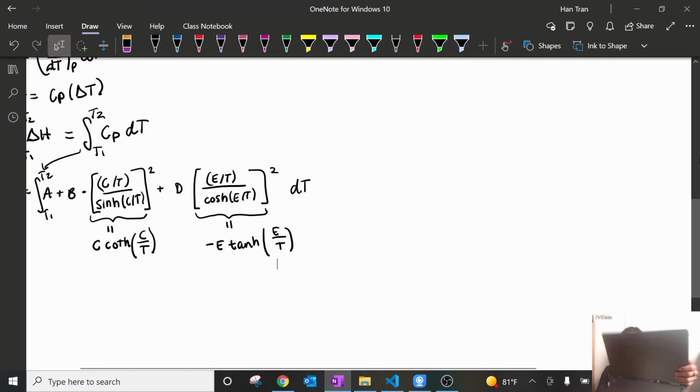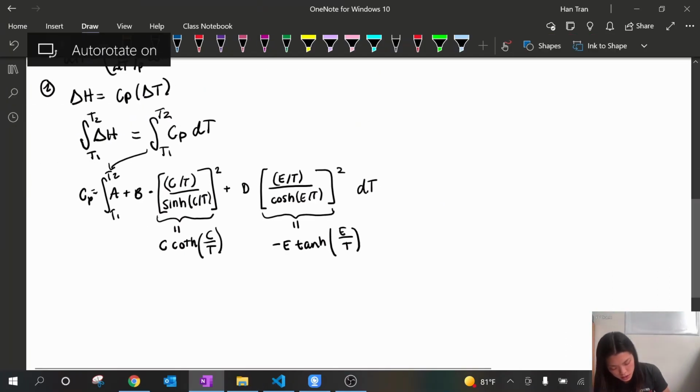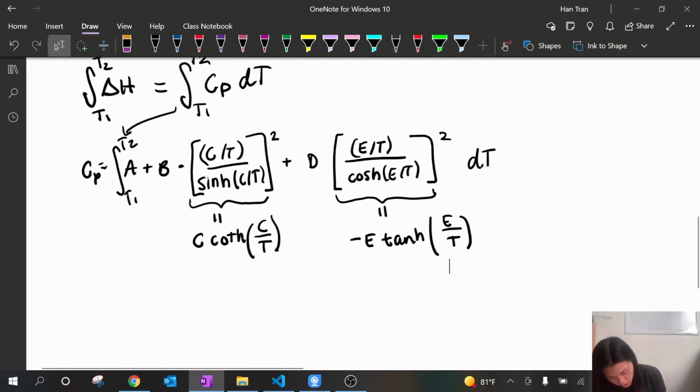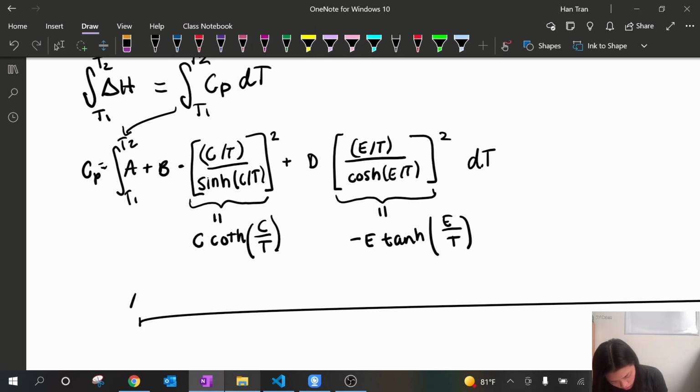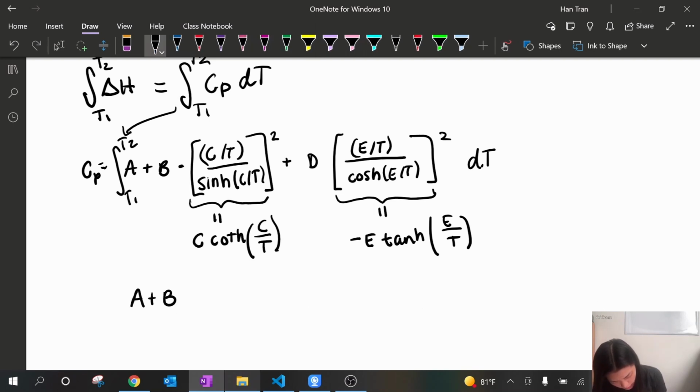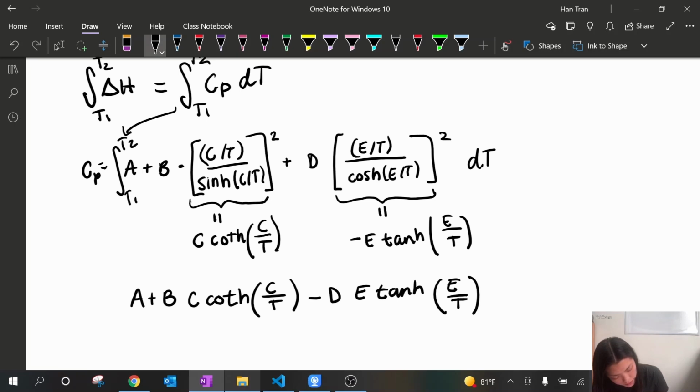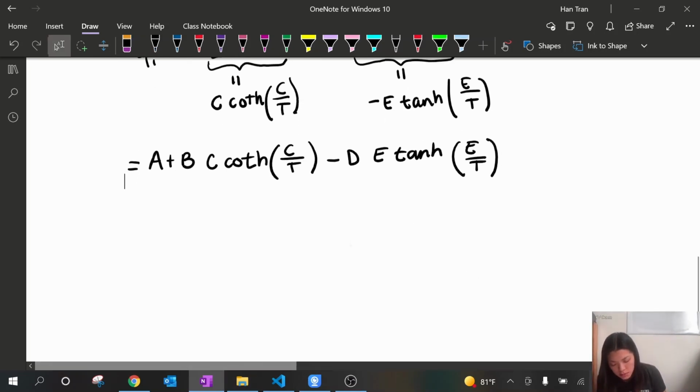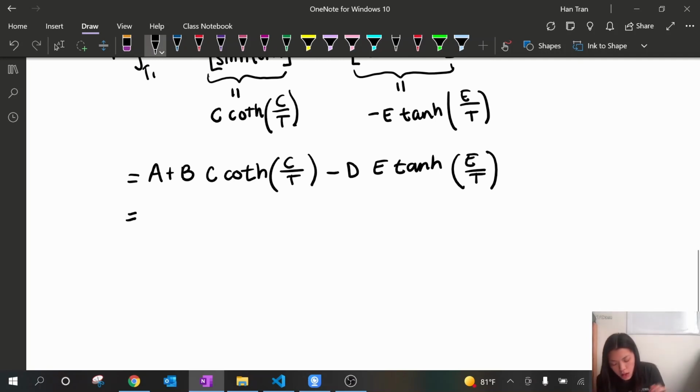So if we were to rewrite this equation, it would give us A plus B C hyperbolic cotangent of C over temperature plus D, and we're going to change this plus to a minus, E hyperbolic tangent of E over T. What we're going to do with this integral that we just found is simplify it a little bit, so when we put it into our code, it will work a little easier.